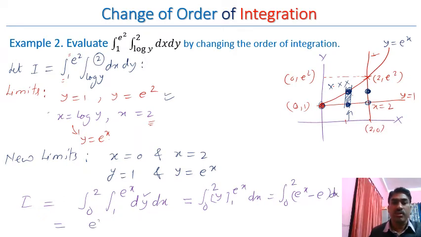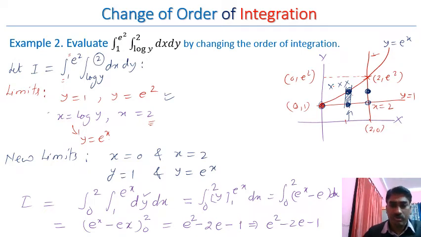So e to the power x has integral e to the power x and e has integral ex. The limits are 0 to 2. At the upper limit we get e square minus 2e, and at the lower limit we get minus 1. So we have finally e square minus 2e minus 1.